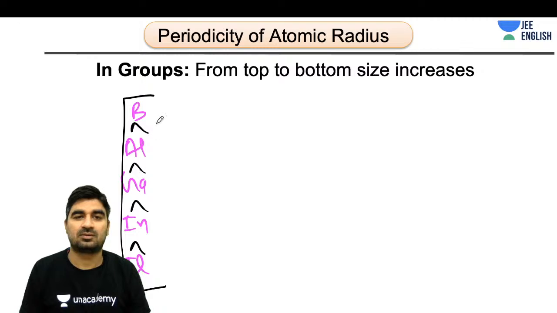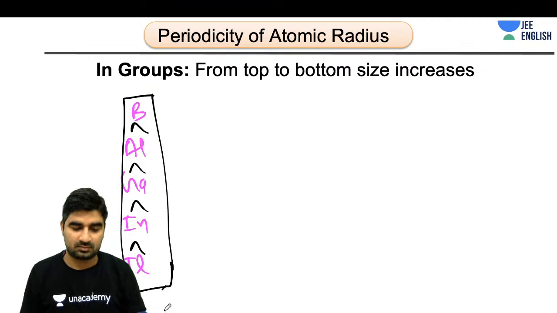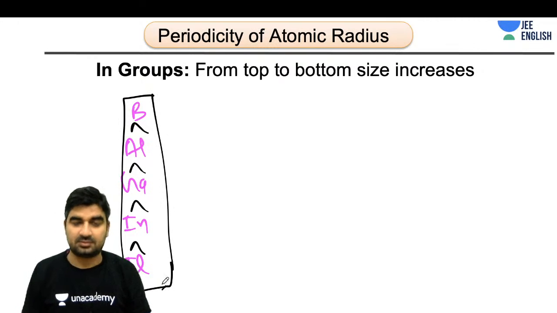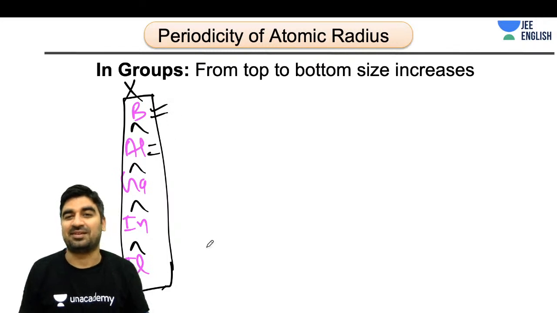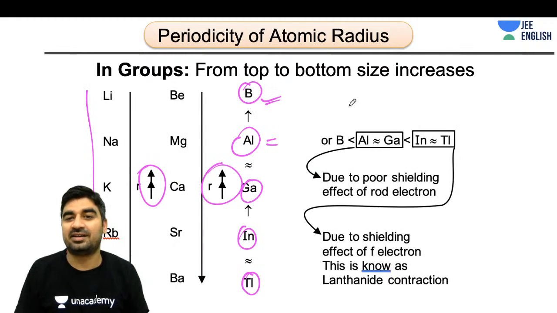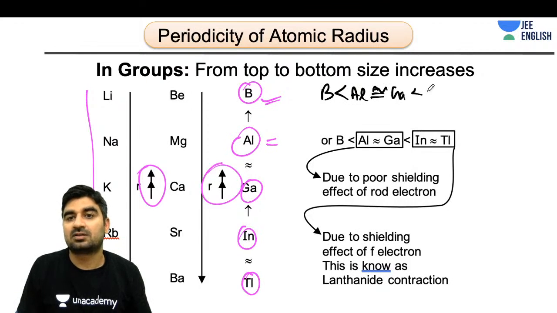Got it? But reality is different. And what is the reality, guys? Here we have boron, then we have aluminium and gallium approximately same, then indium, and again the thallium approximately same.